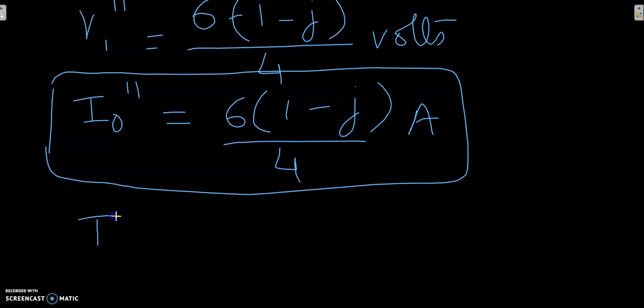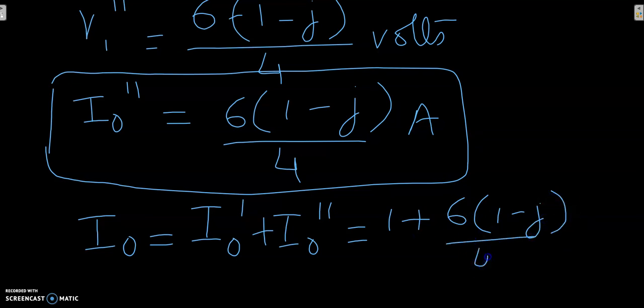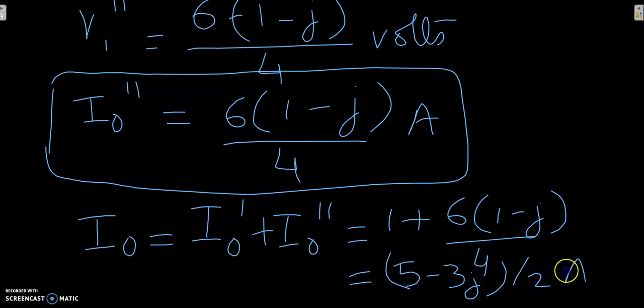So I naught will be equal to I naught dash plus I naught double dash, and that will be equal to 1 plus 6 times (1 minus j) by 4, which equals (5 minus 3j) divided by 2 amperes.